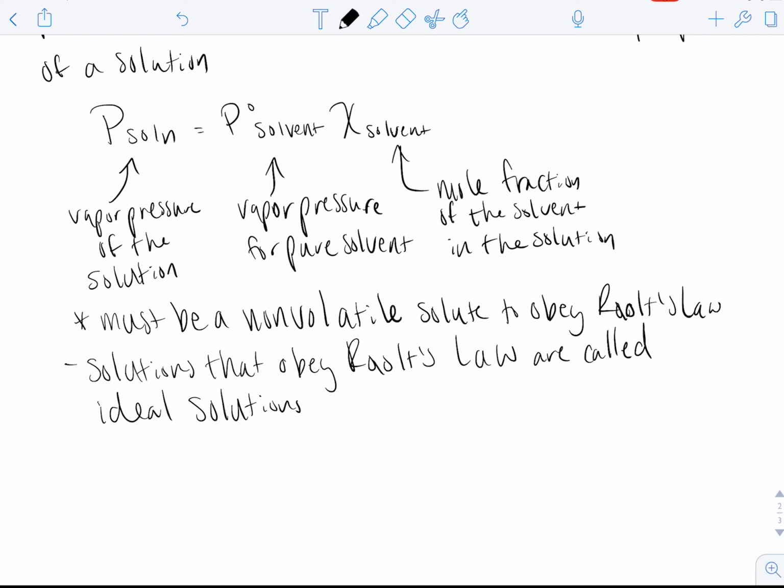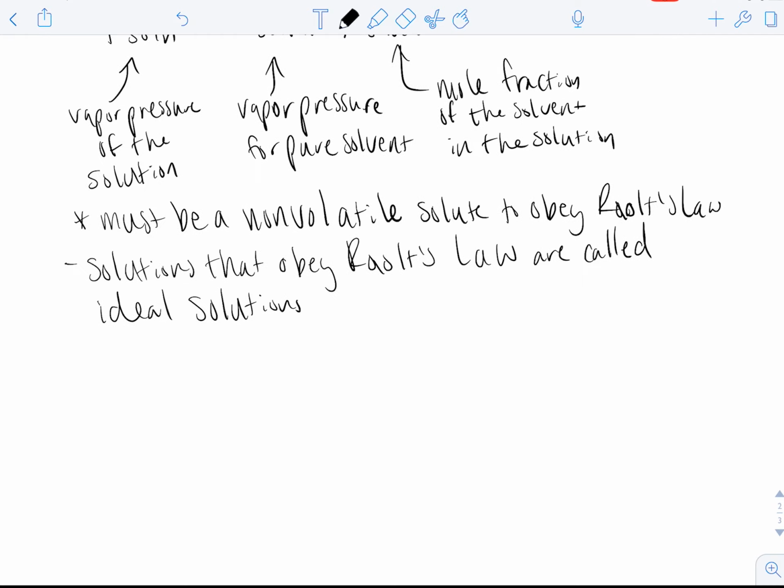So something where we have a volatile solute would not be an ideal solution. But also, if we have an ideal solution, we're assuming our intermolecular forces between our solute and solvent are similar to the intermolecular forces of our solvent molecules.